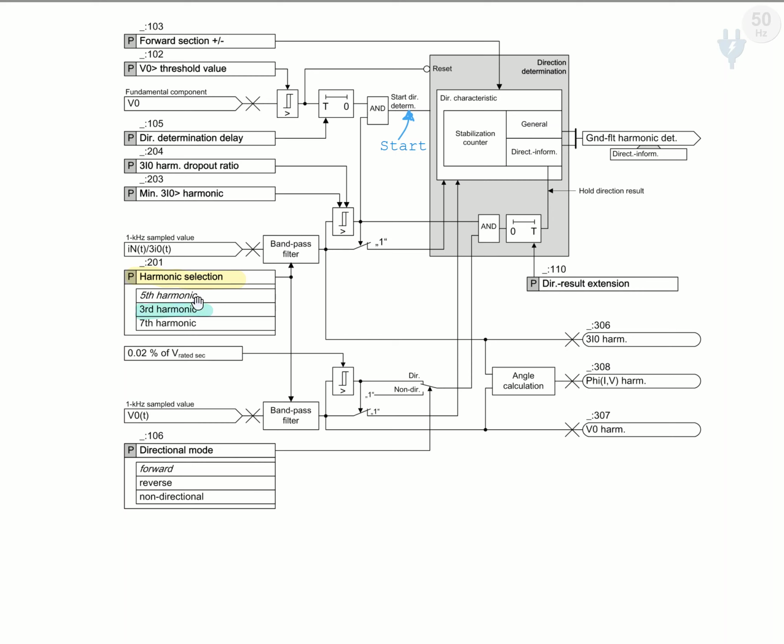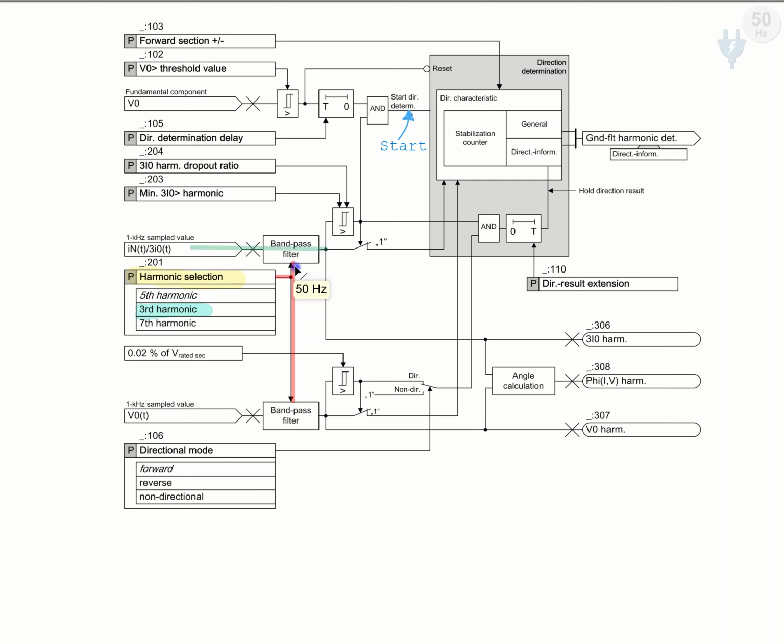In this example, we select the third harmonic to be used for determining the direction and the sensitive fault. So these two bandpass filters only pass the third harmonics of the zero sequence current and zero sequence voltage, which are sampled continuously.